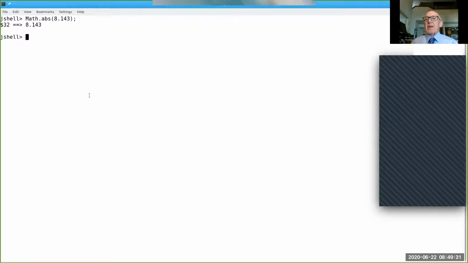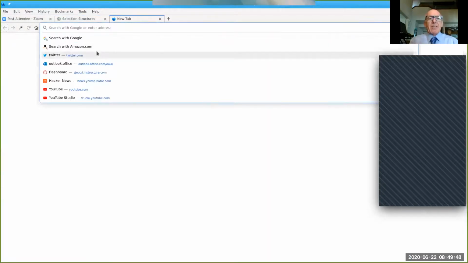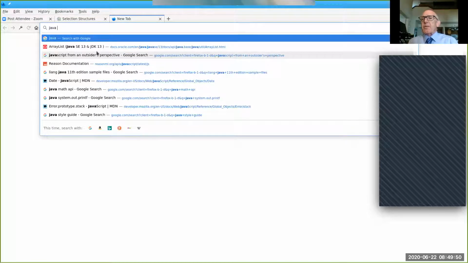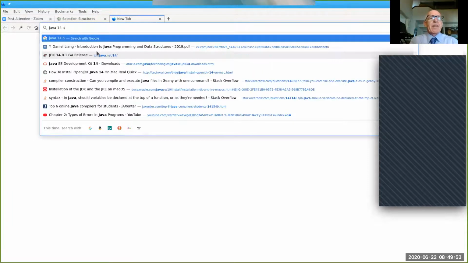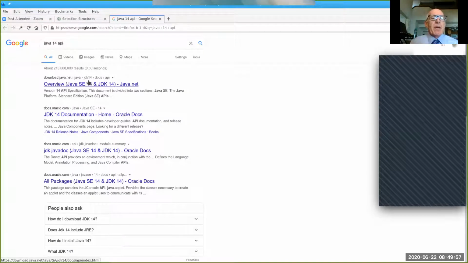Now, the next question is, how do I know all this? Well, first of all, it's in the book. But what happens if you don't have the book available? How can you figure out what things are and aren't available to you in these classes? The answer is, for Java, since most of you are probably using 14, we can search for Java 14 API, which is the Application Programmer Interface.